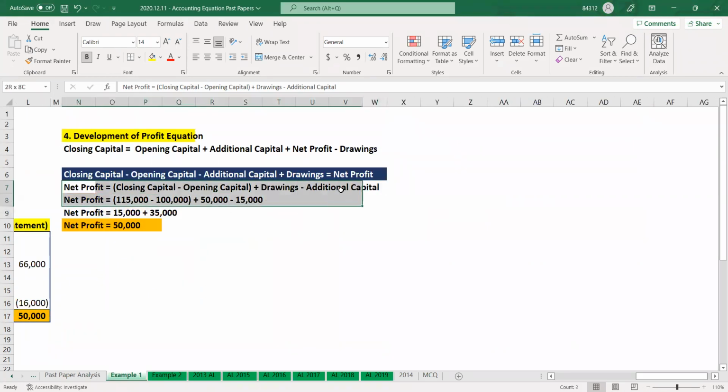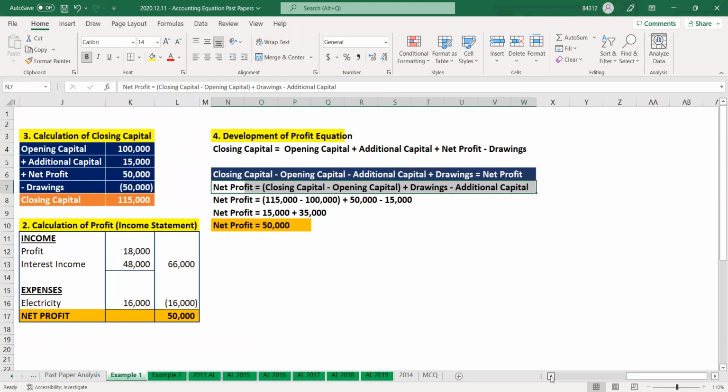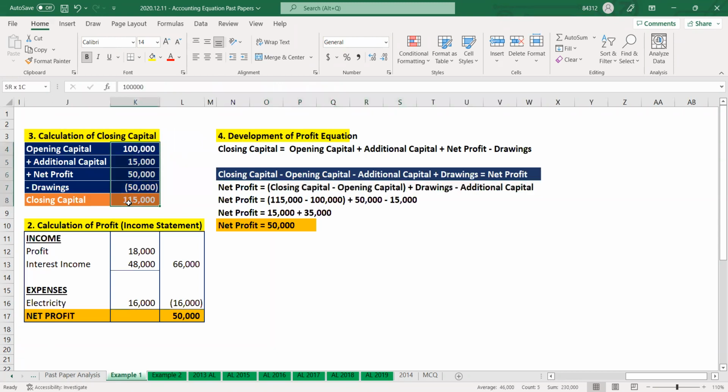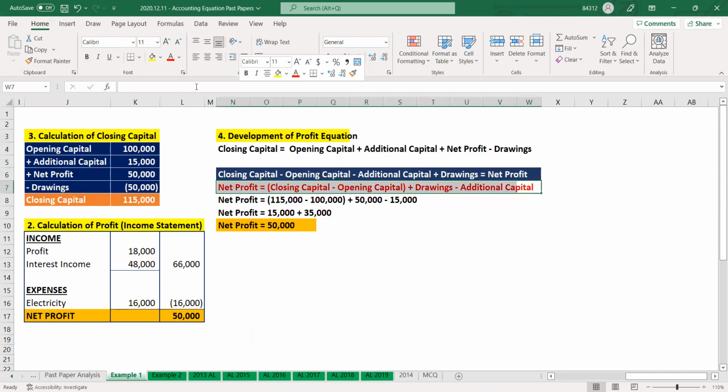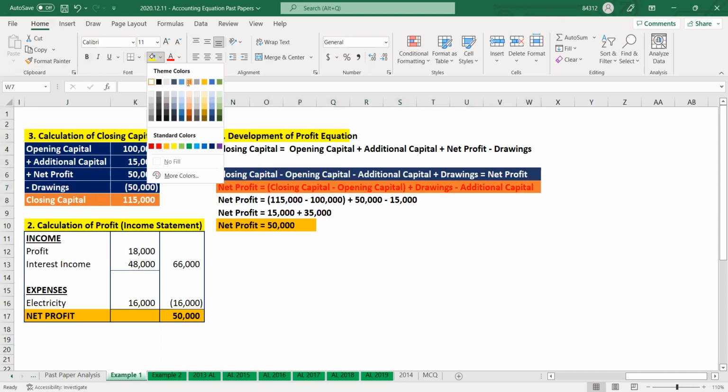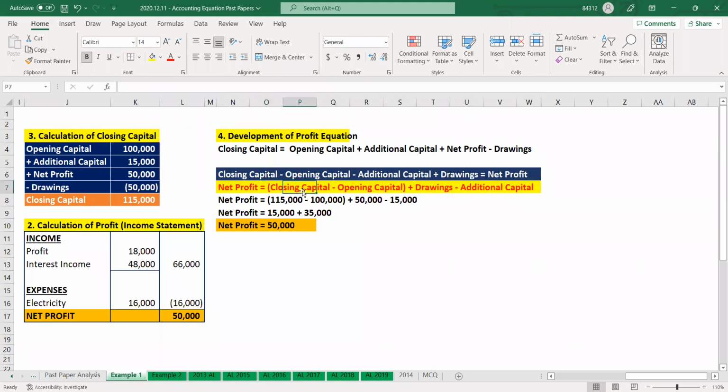This is how we derive the equation. I was explaining this in the first class, and in the accounting equation we did this part. So simply you can remember this: net profit equals closing capital or net asset minus opening capital plus drawings minus additional capital. So write it down.